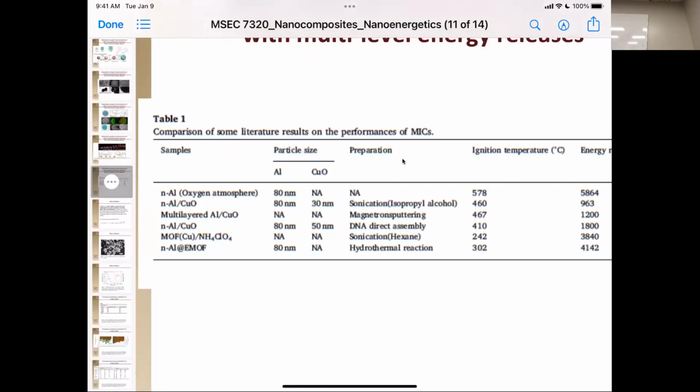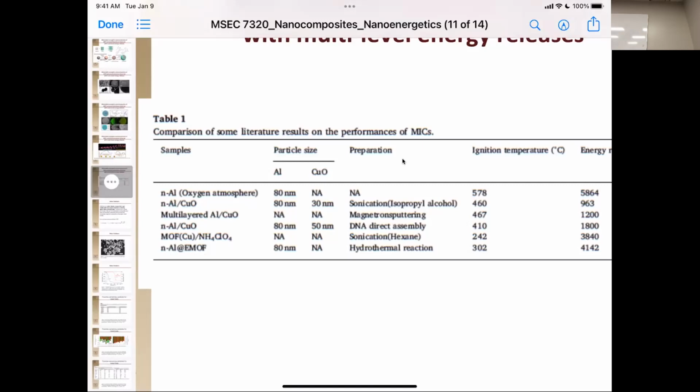Another different process, DNA direct assembly. So they're using the DNA to do like the template, the oxide on the surface. Sonication of the organic material with perchlorate. So we've actually changed the fuel from aluminum to the perchlorate.